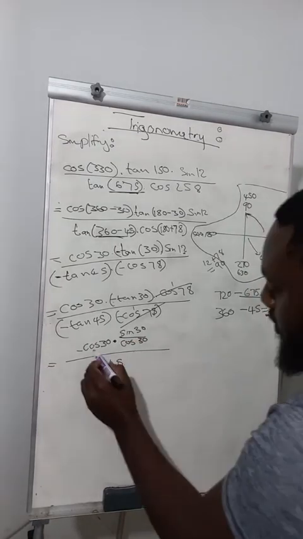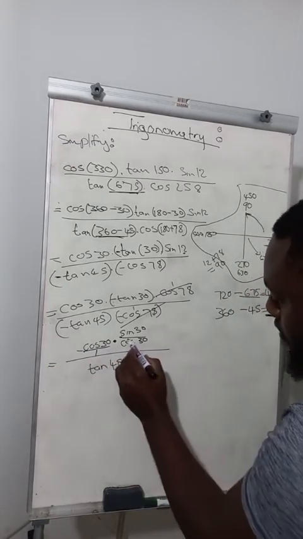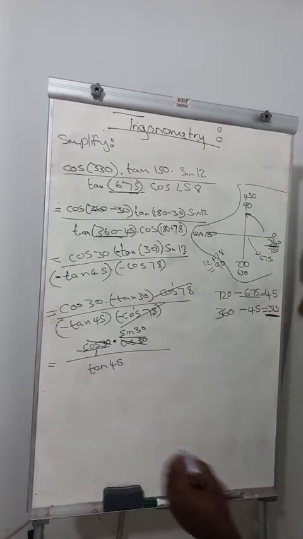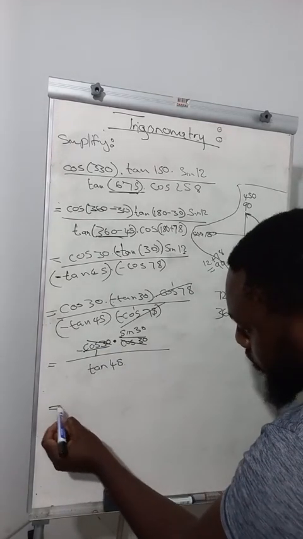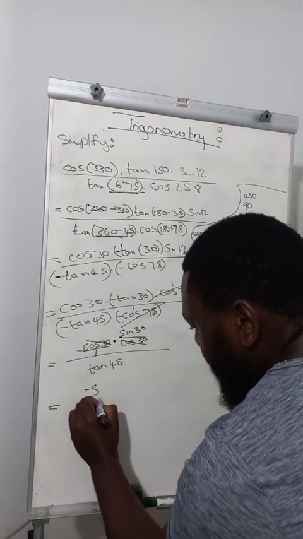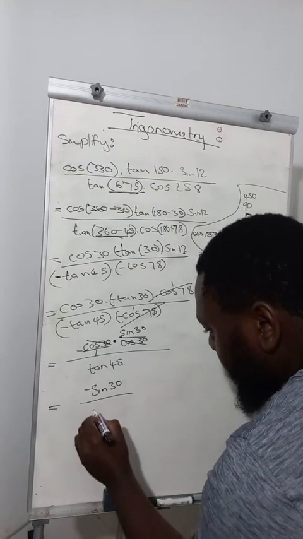Now, this here is the same as dividing by 1. So this cos 30 and this cos 30 will go out. Then you'll be left with a negative sine 30 all divided by tan 45.